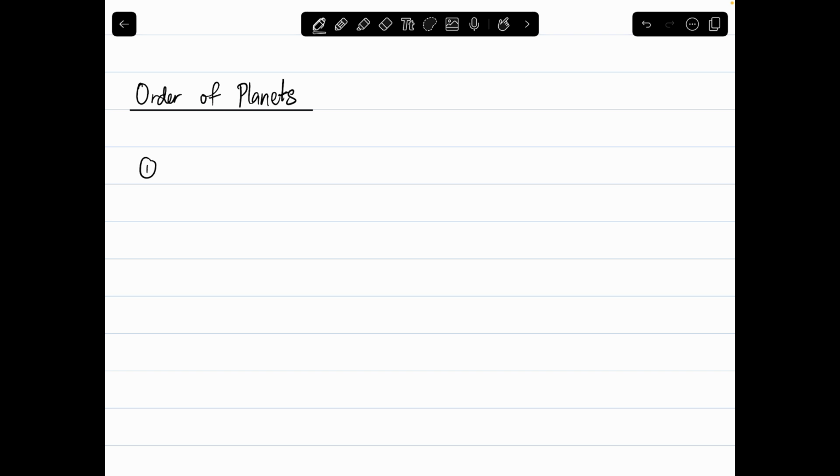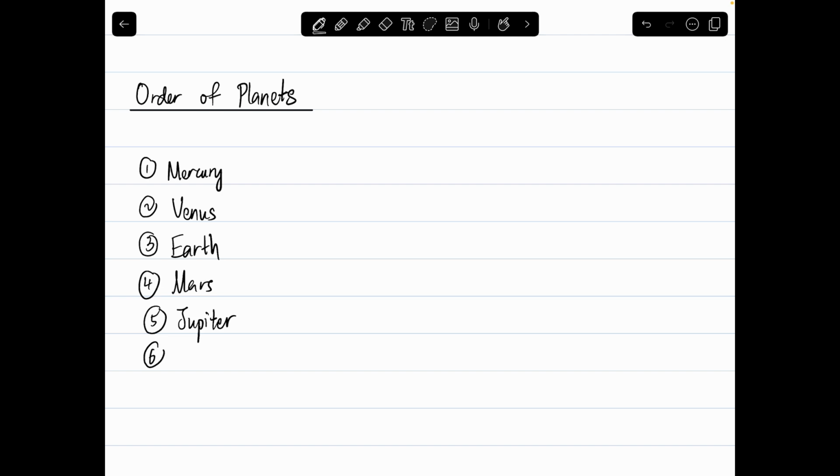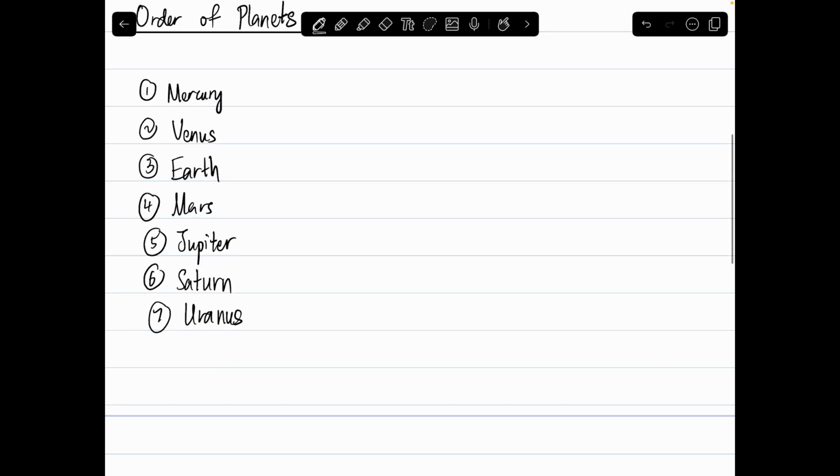So we have, first one is Mercury, second one is Venus, third one will be Earth, our planet, and then the fourth will be Mars, fifth will be Jupiter, sixth will be Saturn, seventh it will be Uranus, and number 8 will be Neptune.